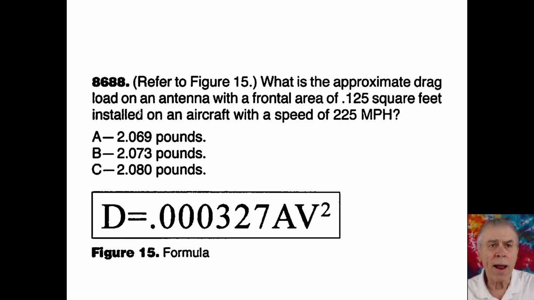What's the approximate drag load on an antenna with a frontal area A of 0.125 square feet, installed on an aircraft with a speed, which is velocity squared, of 225 miles per hour? So basically we just go through the calculation. And I probably should have a calculator with me.